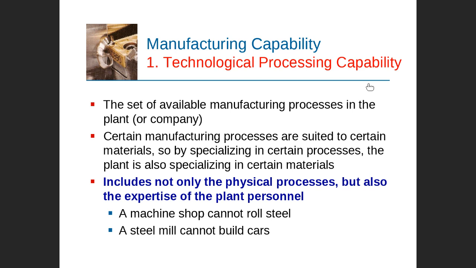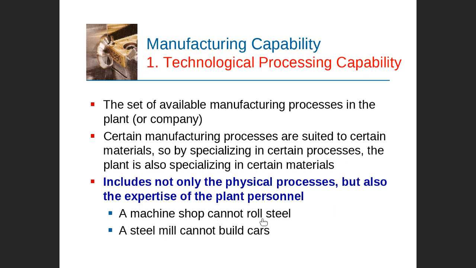Even the people working there are not familiar with how to manufacture tables. This is what we call technological process capability. It includes the physical process, but also expertise. They don't have the expertise to work in that field.